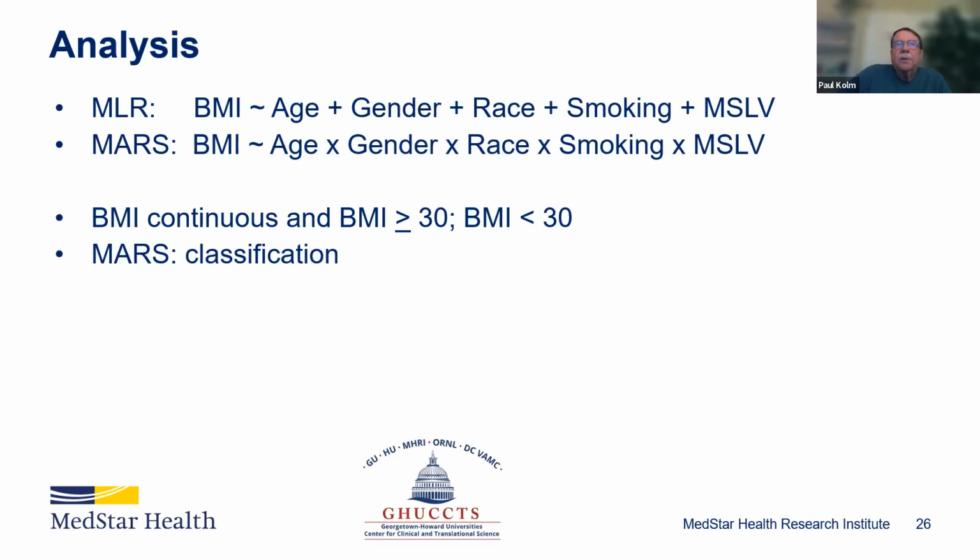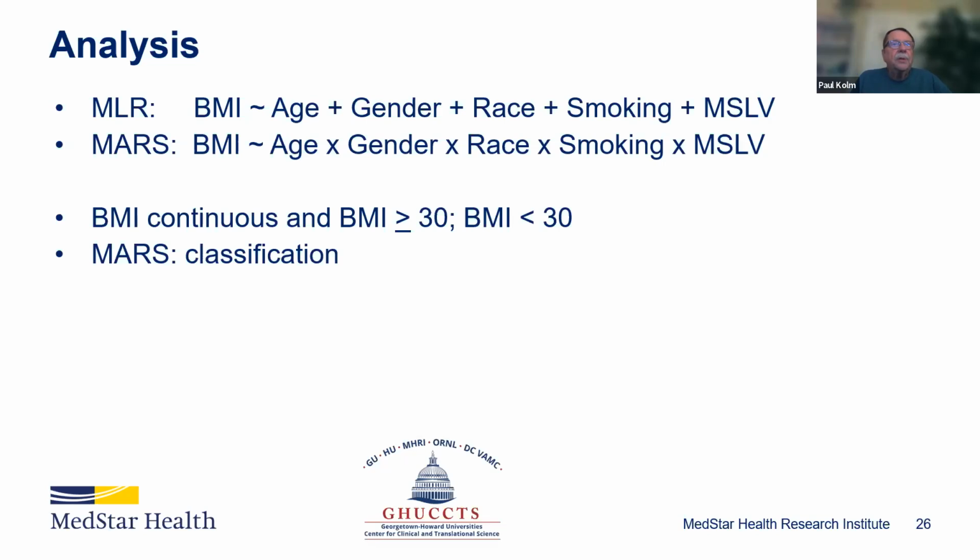When we do MARS, it's the same kind of setup, except rather than having an additive model, we have a multiplicative model where we're going to look at the interactions between all 5 variables. As I mentioned, we're going to do BMI as continuous and then BMI with the cutoff of 30. And what MARS is going to do is give us a classification matrix.